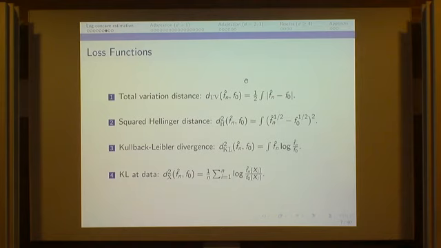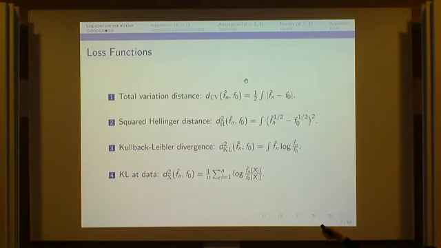There are many different loss functions, and in this talk, mainly we are considering these 4 kinds. The first one is total variation distance, TV. This is half times the L1 distance between Fn hat and f0.